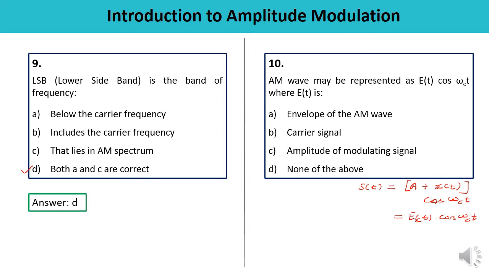Here x(t) is the modulating signal, A is the amplitude of the carrier, and E(t) is the envelope of the AM wave. So the correct answer is A. Let us check. This is the correct one.